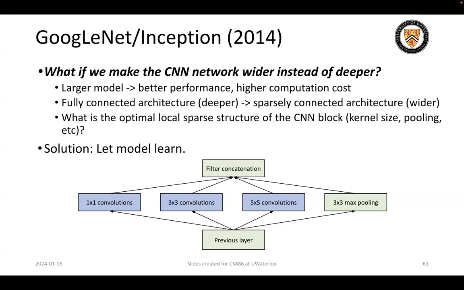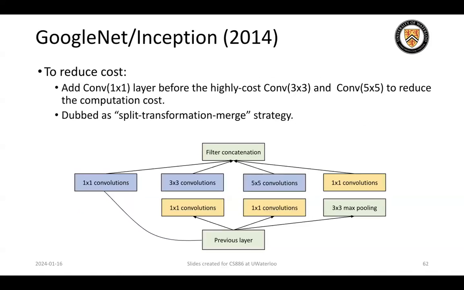We have a previous layer followed by a wide network: 1-by-1 convolution, 3-by-3 convolution, 5-by-5 convolution, 3-by-3 max pooling, and we follow that by filter concatenation. To reduce cost, they introduced a 1-by-1 convolution layer before the high-cost 3-by-3 convolution, and also use a 1-by-1 convolution before the 5-by-5 convolution.